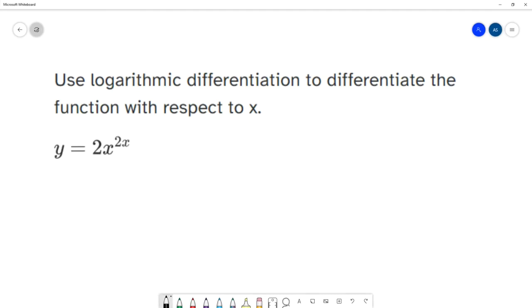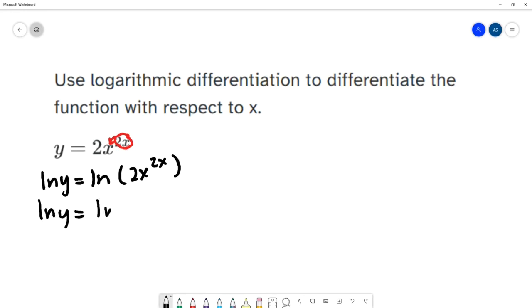So we're going to use logarithmic differentiation by taking the log of both sides. And we have to be a little bit careful with this one because we have this exponent here, which is only attached to the x. So we need to expand our logarithm before we can apply the power rule.